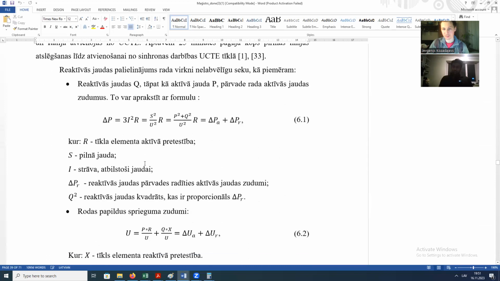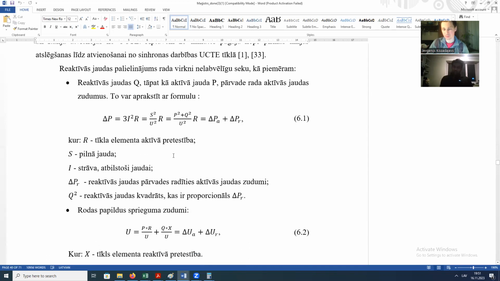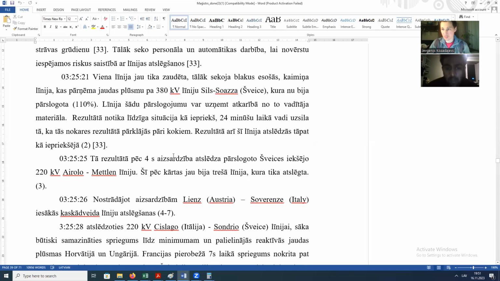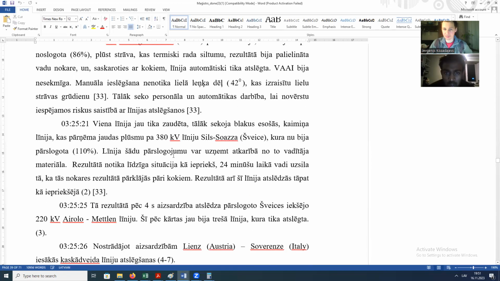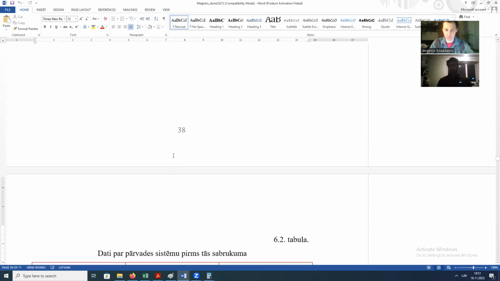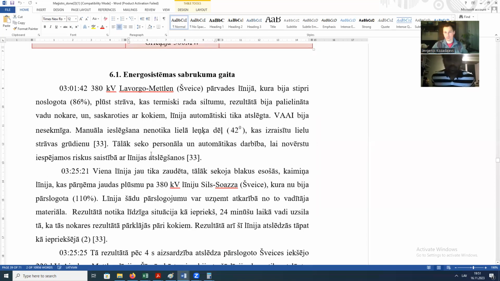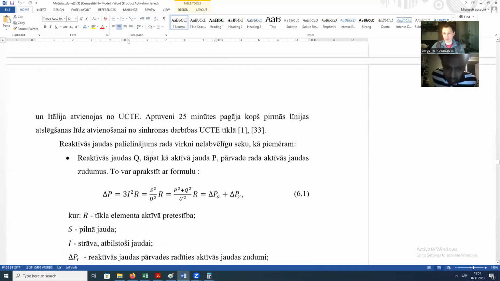In 21 seconds all the other lines were disconnected by the overload protection, and as a result Italy is disconnected from Europe with a deficit of 6.9, almost 7 gigawatts. So total consumption is 27, but we have a deficit of 7. What to do? How to cover 7 gigawatts of power?